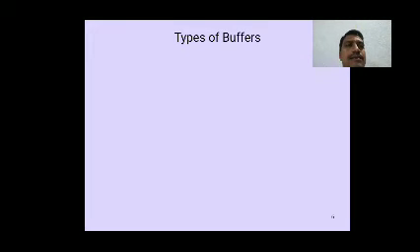Types of buffers. Buffer solutions are of two types: acidic buffers and basic buffers. Acidic buffer, or acid buffer: a mixture of a weak acid and its salt with a strong base forms an acid buffer solution.